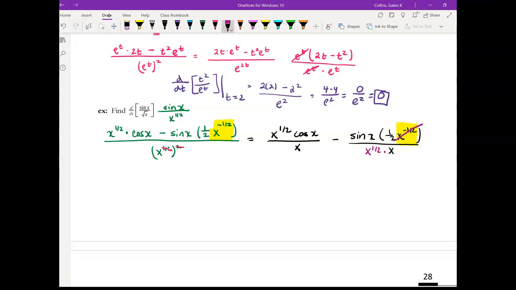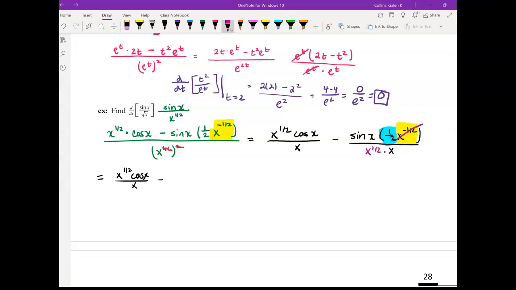So if I pause and do a rewrite of what I have now, I have x to the 1/2 power cosine of x over x minus, and you know what? The other thing I'm going to do real fast in this step, where I have a 1/2 in the numerator of that second term of my derivative, instead of keeping 1/2 in the numerator, I'm also going to want to eliminate complex fractions, meaning a fraction in our numerator or denominator.